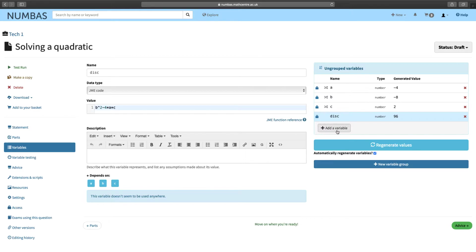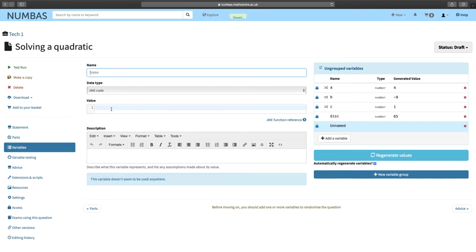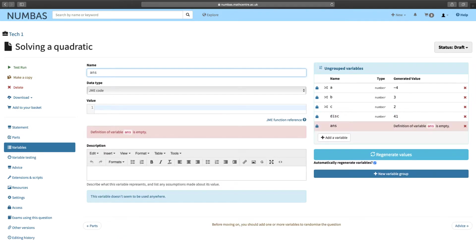There's also, we'll make up a variable for our answers. So we'll do answer 1. And that's going to be minus b plus our discriminant, so plus disc.